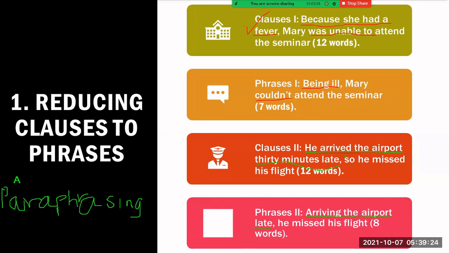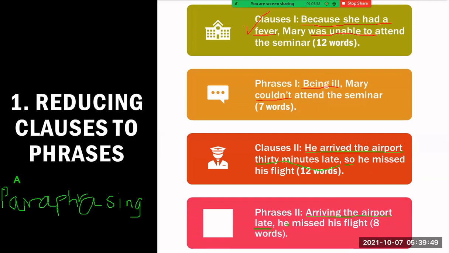So "he arrived at the airport 30 minutes late" is reduced and reconstructed to "arriving the airport late." You see? So this is where we reduce the words. And then we remove "so" here, because we are already beginning with a subordinate clause, and all we need is a comma. All right?